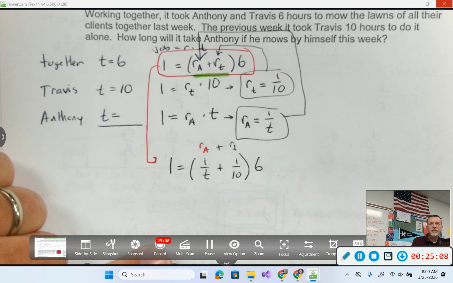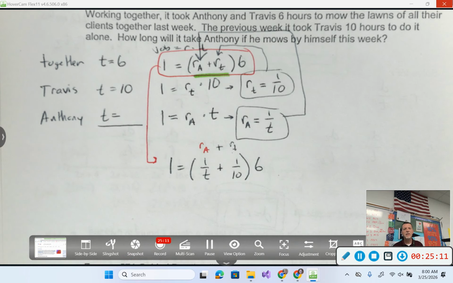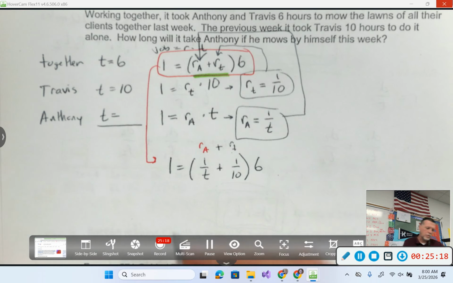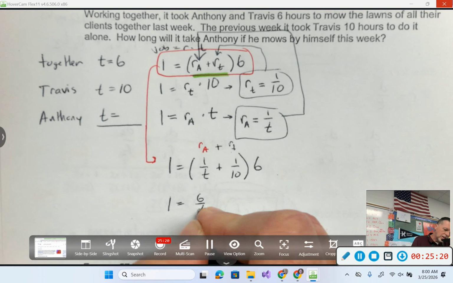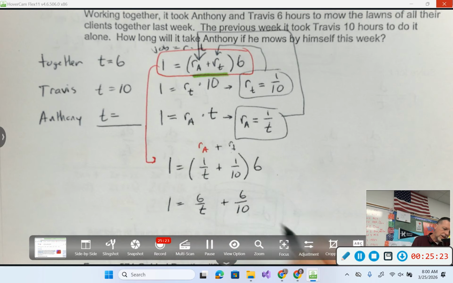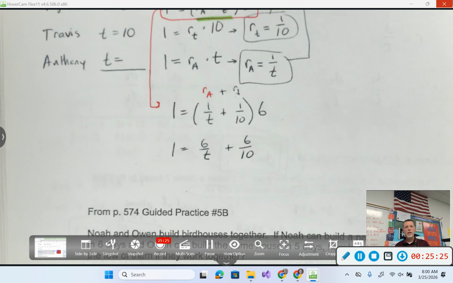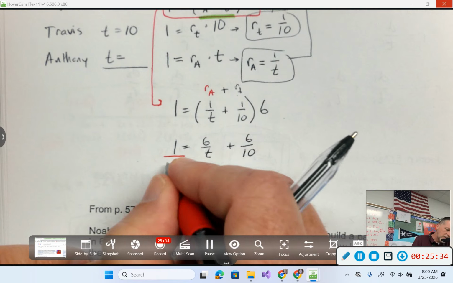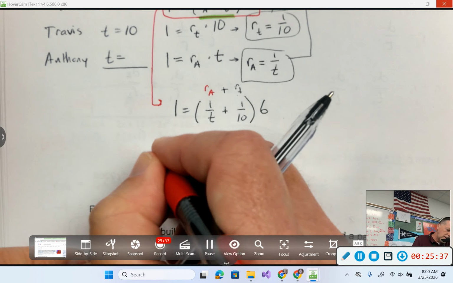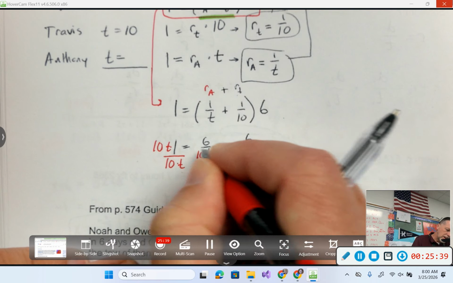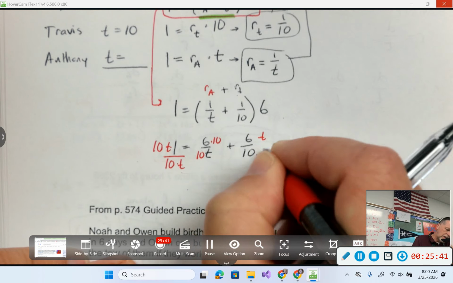What do you want to do first to solve for t? There's a couple options. Probably distributing the 6 is the easiest thing to do. 6 over t plus 6 over 10. Okay, now we know why it's in this section, because that's a rational equation. So let's make all our denominators match. 10t, 10t, 10 and 10, t and t.